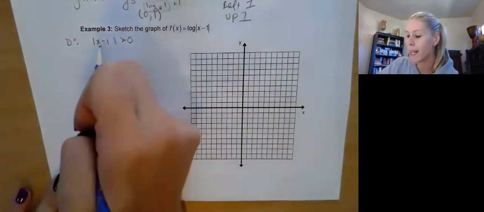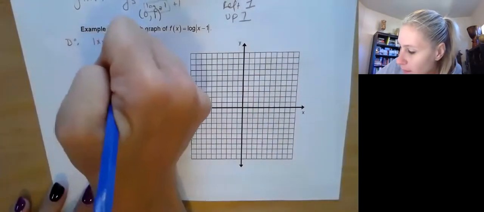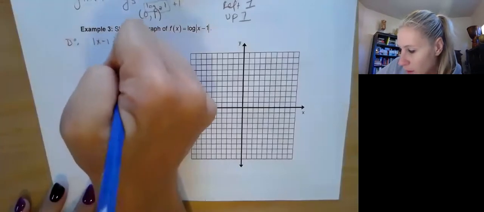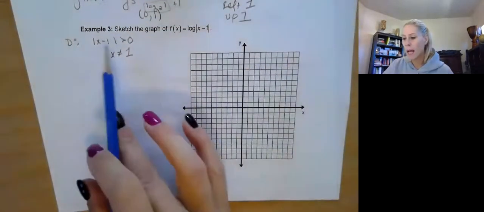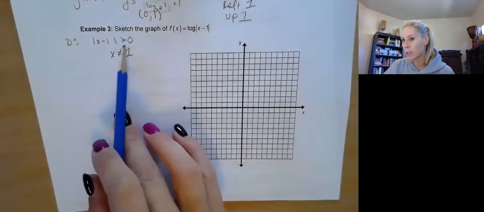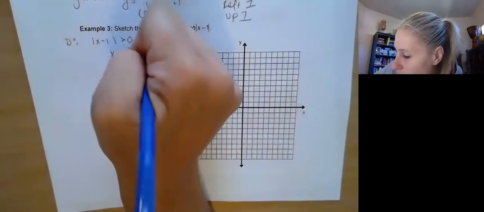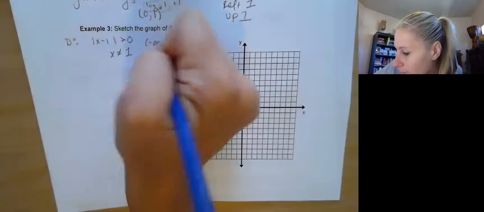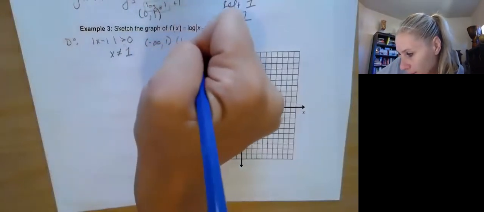So what x value makes it 0? x cannot be 1. Do you guys see that? Absolute values will always be greater than 0, but it is not equal to 0. So we've got to figure out what point does not work. So that means our domain is -infinity to 1 and 1 to infinity.